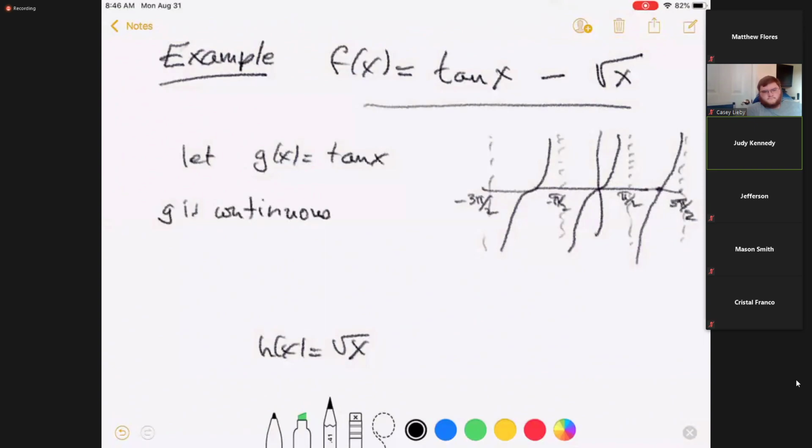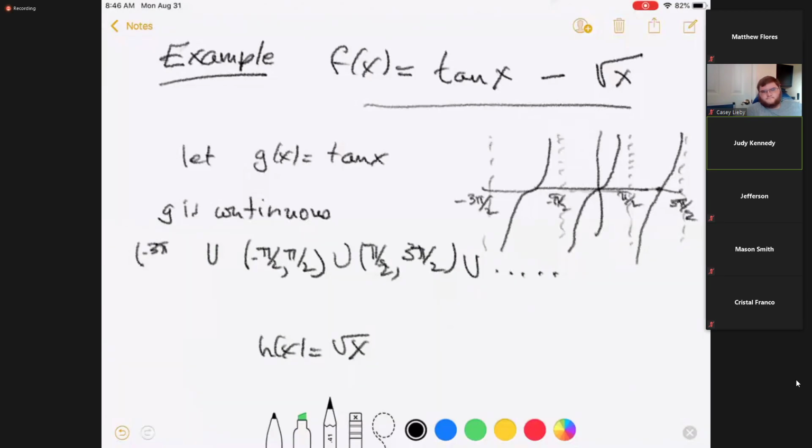I'm going to write it out this way. It's on a bunch of open intervals. Minus pi over 2 to pi over 2, that's that interval right there. It's not defined at pi over 2, but it's nice and continuous from pi over 2 to 3 pi over 2, and you just keep going. And you can keep going in the other direction too.